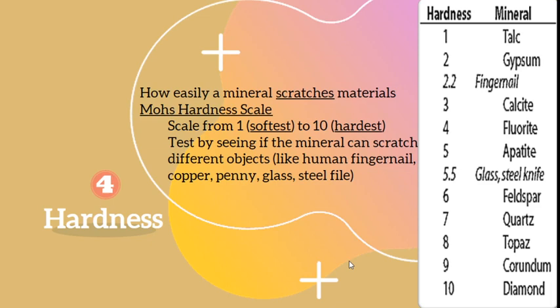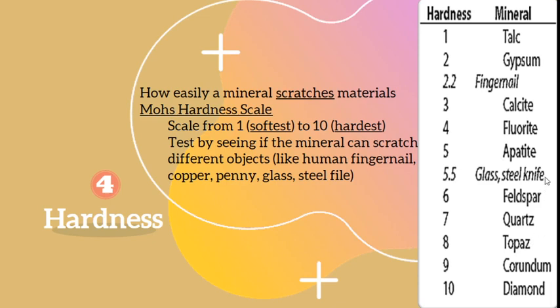The fourth one, we have hardness. Hardness is one of the better properties of minerals to use for identifying a mineral. Hardness is a measure of the mineral's resistance to scratching. And we have here on the right side the Mohs scale. The Mohs scale is a set of 10 minerals whose hardness is known.